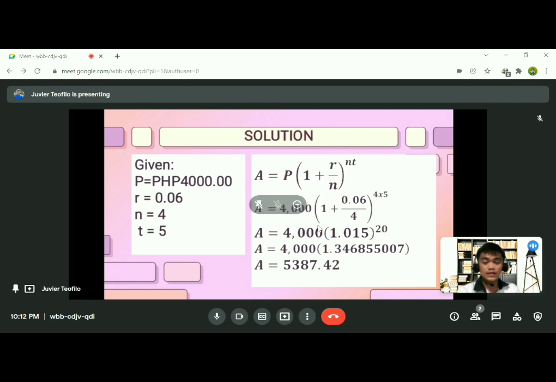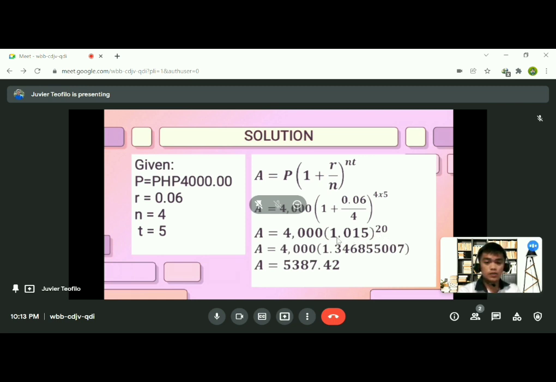So 4,000 times the parentheses of 1 plus 0.06 over 4, to the power of 4 times 5. 4 times 5 is equal to 20. So 4,000 times 1.015 to the power of 20.